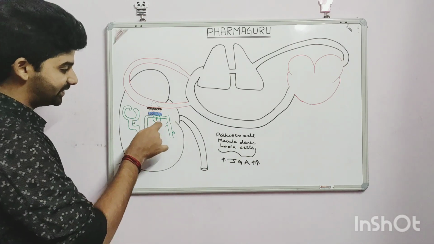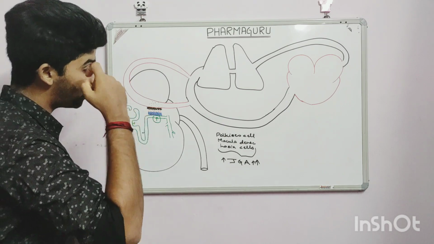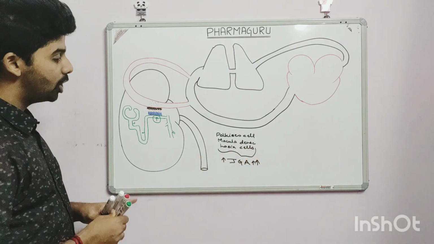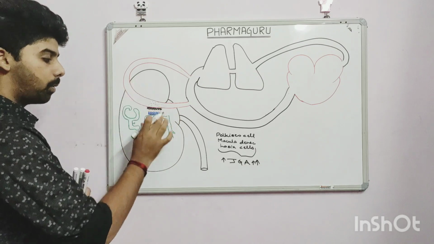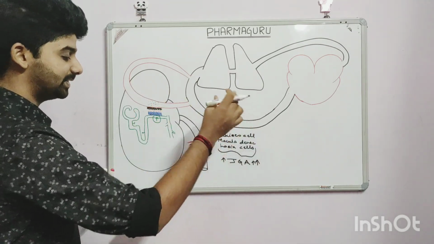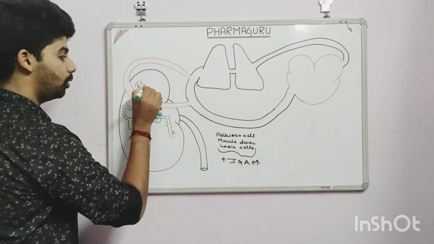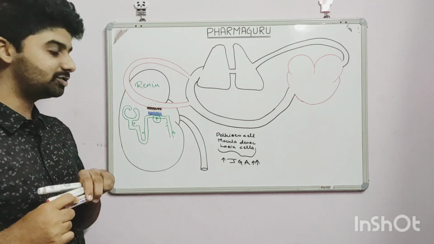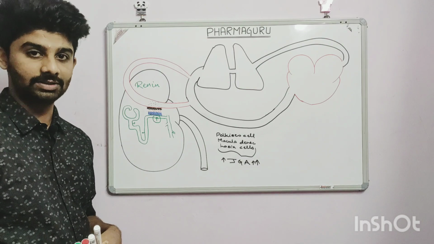The Lasix cells will detect the reduced concentration of sodium, and this Lasix cell will stimulate the juxtaglomerular apparatus to release some enzymes into the circulation. The enzyme released by the activation of either Purkinje or Lasix cells is renin. So renin is released from the kidney as a result of reduced blood pressure, by the activation of Purkinje cells or the Lasix cells.